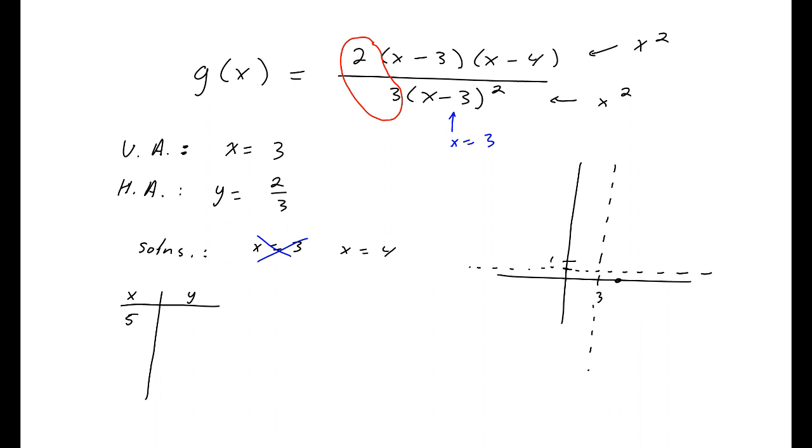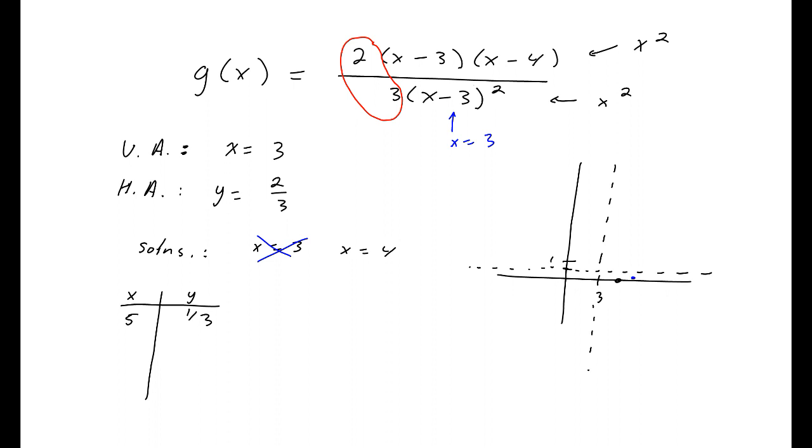If I plug that in, 2 times x minus 3, x minus 4, divided by 3 times x minus 3 squared. And if I go to my table, at x equals 5, that is 1/3. So a point that I have is (5, 1/3).